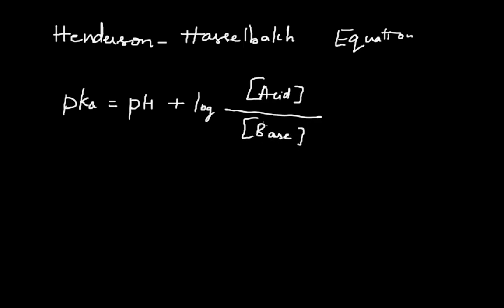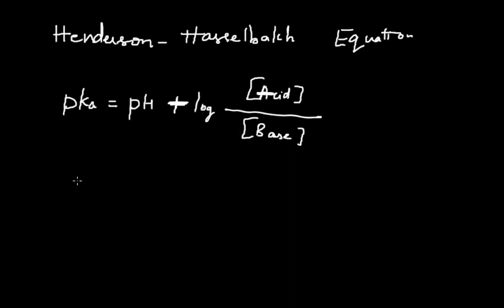A lot of students get confused whether acid will be in the numerator or the denominator. Since you have written plus here, it has to be acid. That is one nice way to remember it.